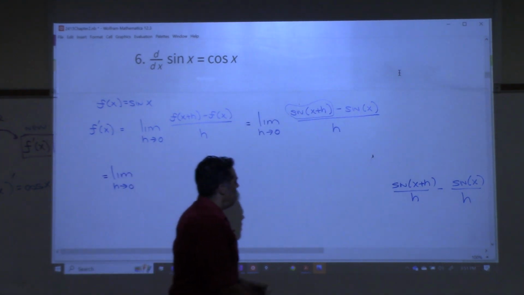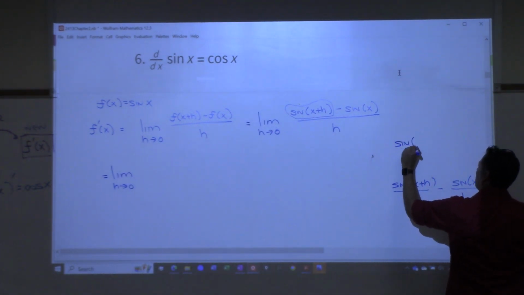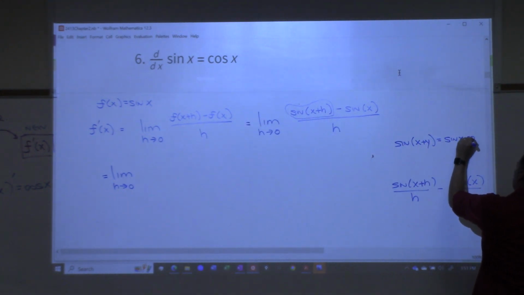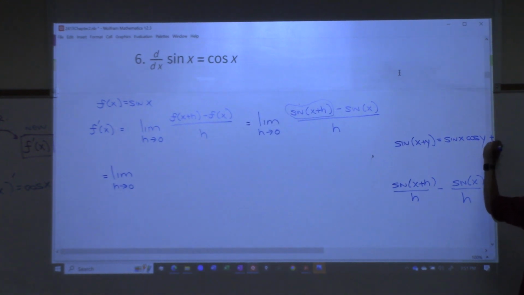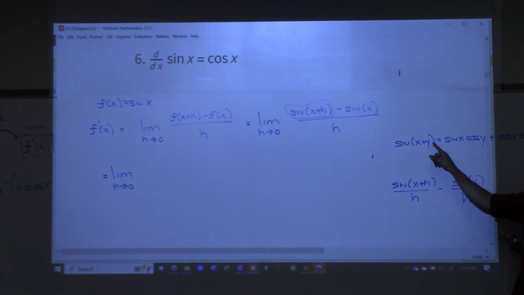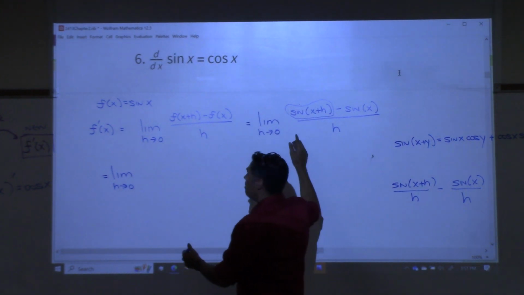So that formula, let me write the formula down just so you have it there. They use x and y, right? They say sine of x plus y is sine x cosine y plus cosine x sine y, right? That's the formula if we had x plus y. We have x plus h, so all my y's become h's. I can use that formula, right?